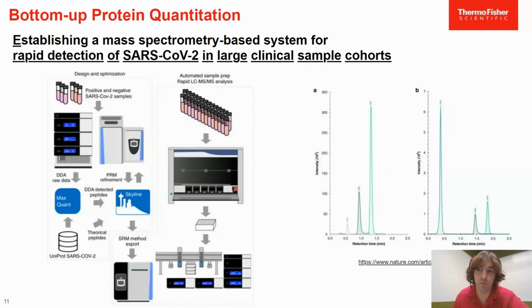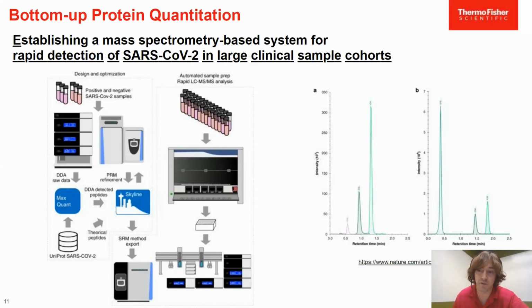The entire workflow was automated and utilized magnetic bead purification and online turboflow cleanup of patient-acquired samples. Transitions were selected using data acquired by Q-Exactive HF instruments, high-resolution accurate mass spectrometers, as well as from in silico digestions by Skyline, which is a freely available third-party software.